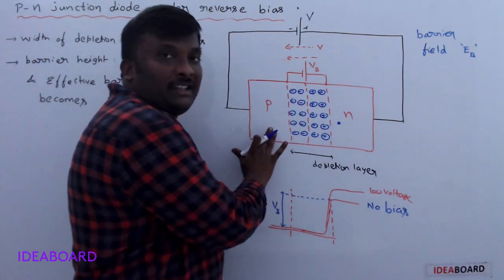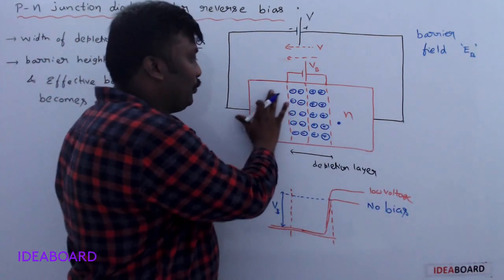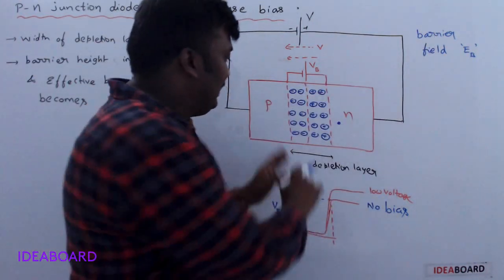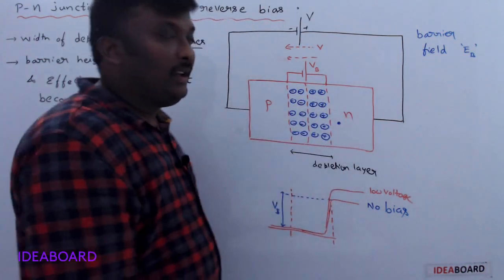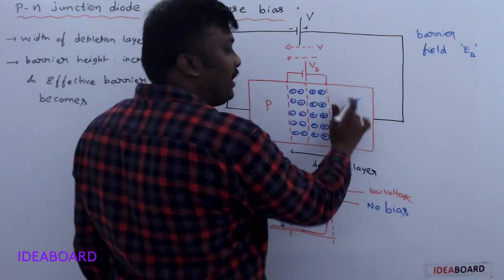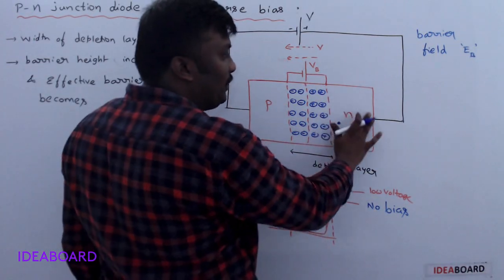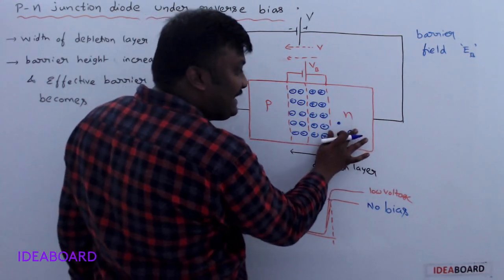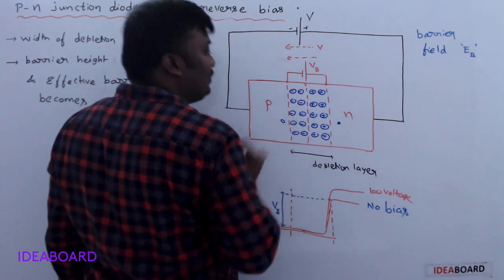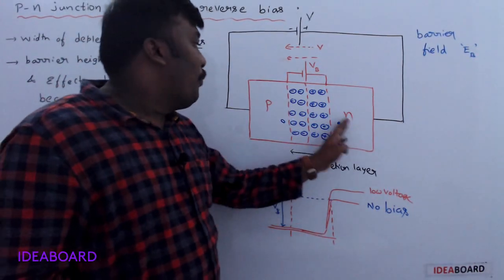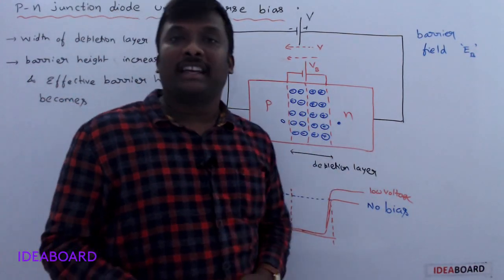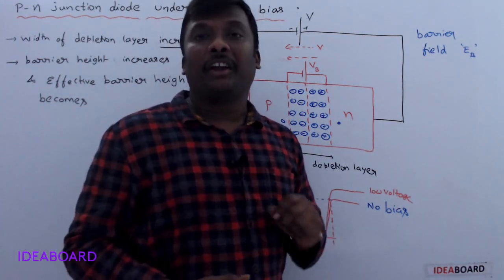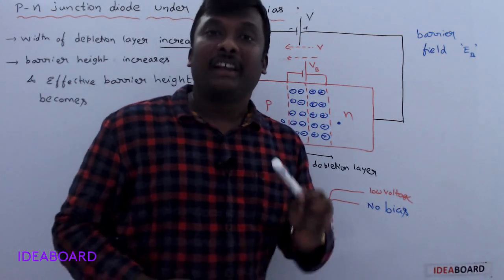Minority electrons in the P region move randomly, come nearer to the barrier, and due to the barrier field they are swept into the N region. Here, minority charge carriers are holes. These holes move randomly, and whenever they come nearer to the barrier, they are swept into the other region. So there is motion of minority charge carriers, and due to this a current is developed. That current is called drift current.